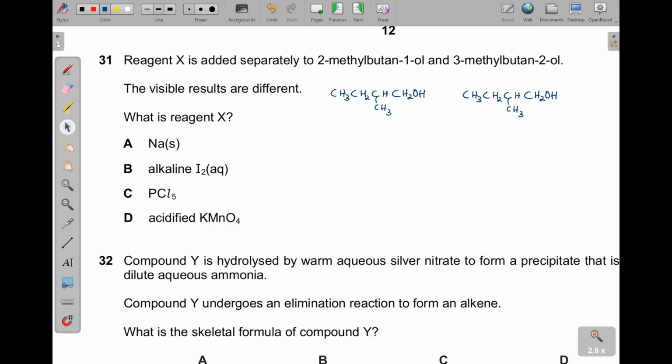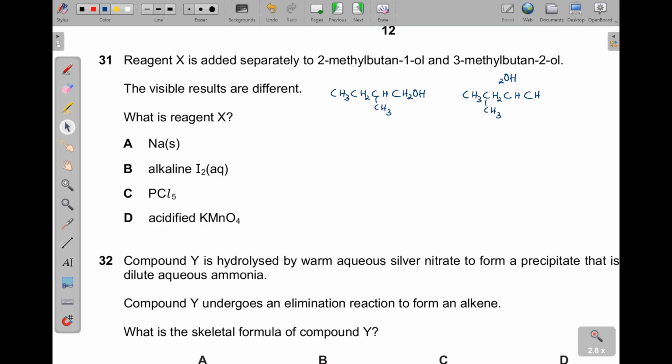So 3-methyl. Now, this simply implies that we are going to take the methyl group off and put it on this one here. Then the OH, I'm going to put it on the second one here.